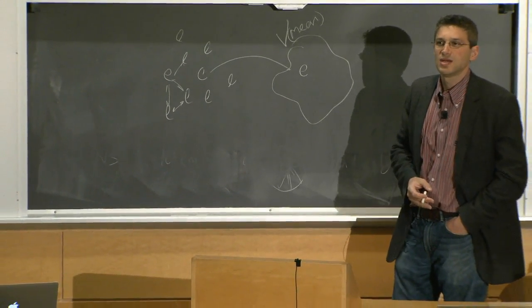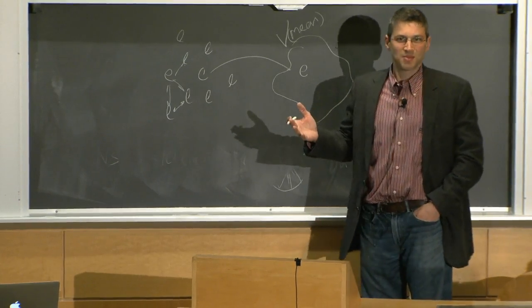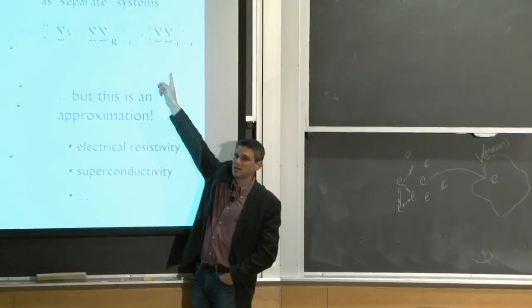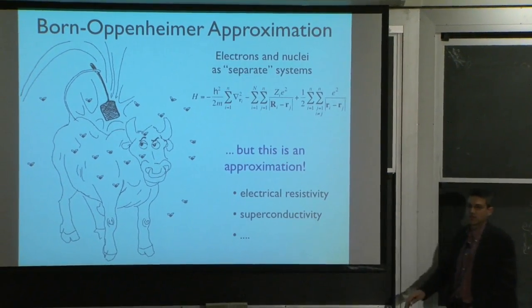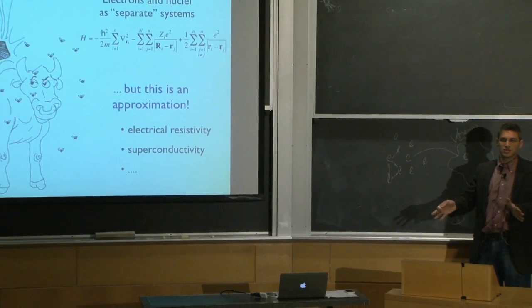It swims in an average potential now. And so I basically have just eliminated the problem. The problem was this. It's too hard to solve on a computer, certainly analytically, but also on a computer. And so I've changed it to this. That's basically what both of these things do.